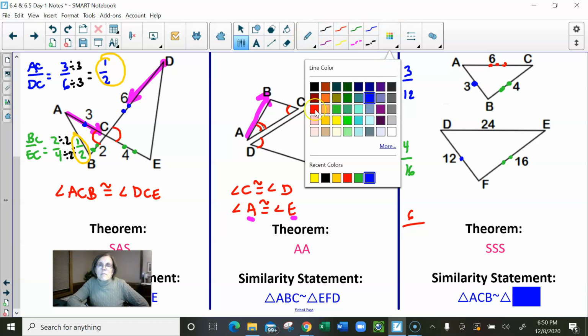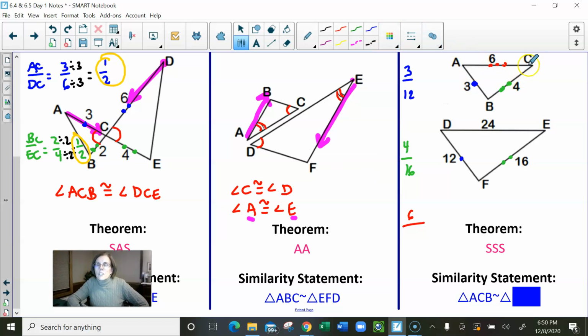And then my longest side on my small triangle should line up with the longest side. And that will help you if they happen to be rotated or flipped. And then let's reduce these. Can you figure out what the reduced ratio will be for all of these?